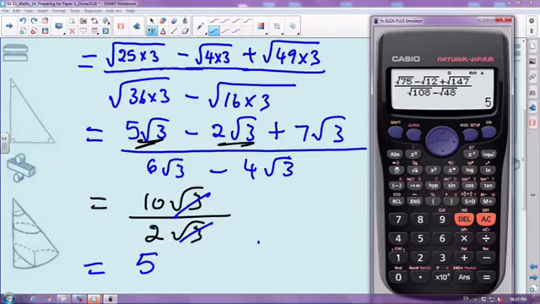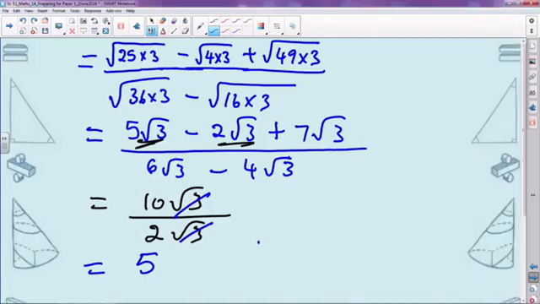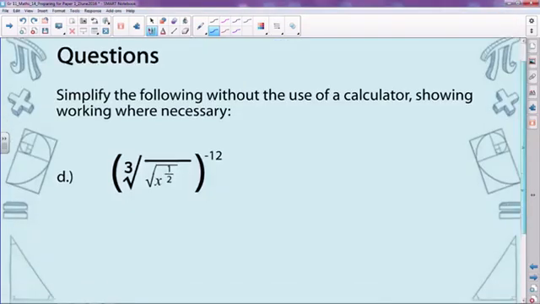Then your answer is 5. So you can easily check yourself using a calculator that you've done the correct thing.